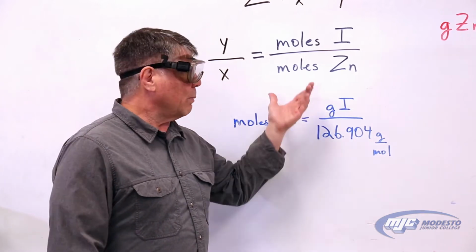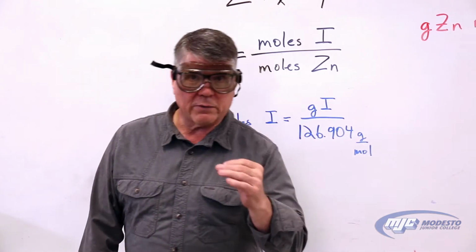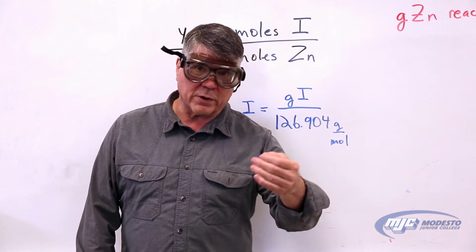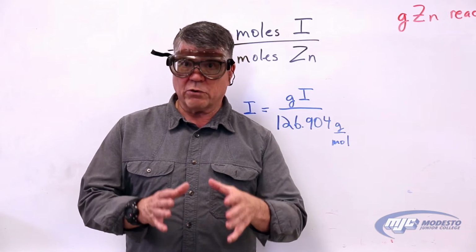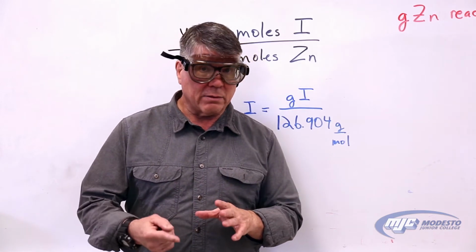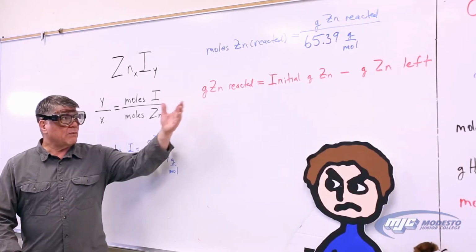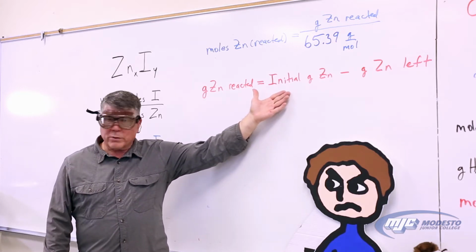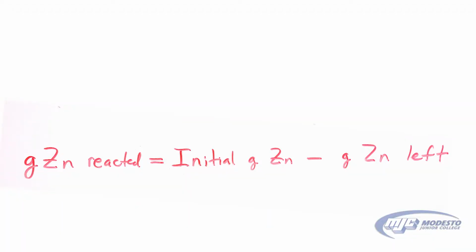To get the moles of zinc, it's still not too bad. The way it's set up is because zinc is in excess, there will be some zinc left over at the end of the experiment. So what we do is we weigh how much zinc we start with, and then at the end, we're going to collect the zinc that's left over, weigh it. And that means that the difference in the mass between how much zinc we start with and how much zinc is left at the end, that difference is how many grams of zinc reacted, which is what we need to know.